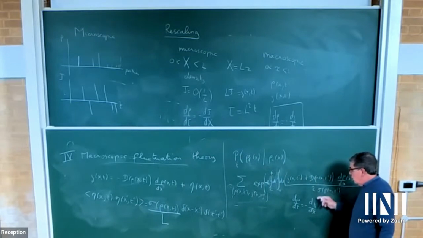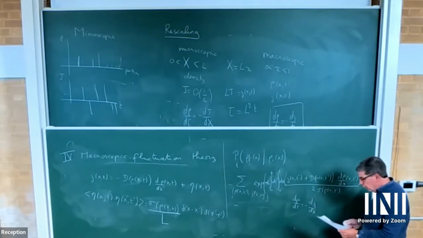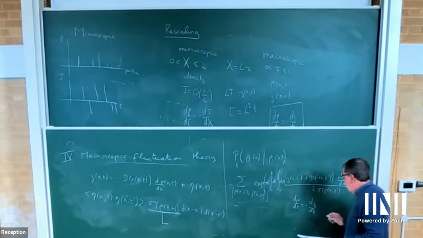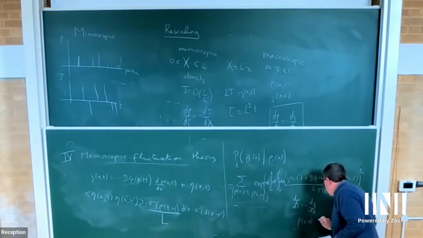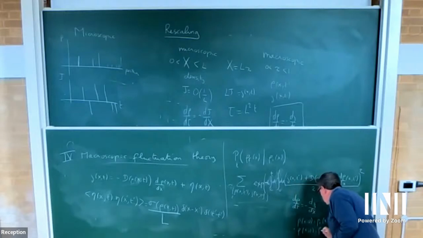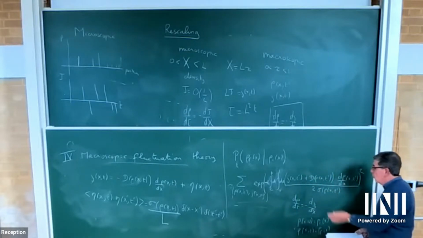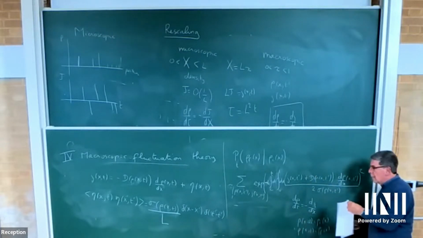The J and the rho are connected this way, and of course rho of x at 0 is the initial and rho of x at t is the final. So it's an optimization problem like in mechanics. The only thing is that you have a field, but otherwise we can control it.